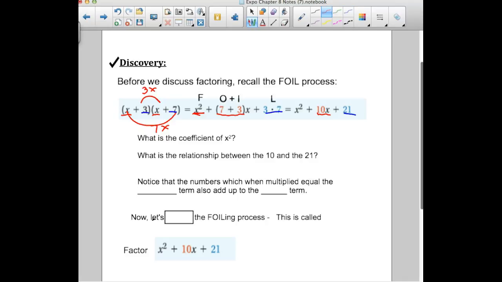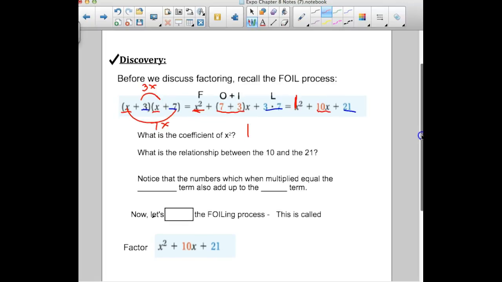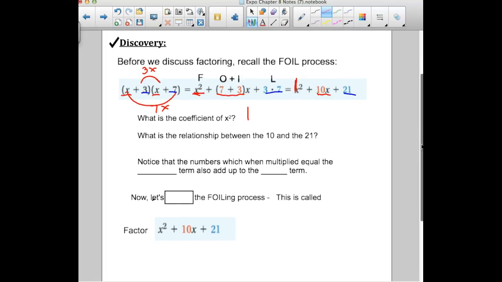All right. The coefficient here for x squared, again, is just going to be a 1 today. And if you look at the numbers, there's a reason we've reviewed foiling, because factoring is just the reverse process. So if we look back at our numbers here, we have a 10 as our middle term, and we had a 21 as our last term.